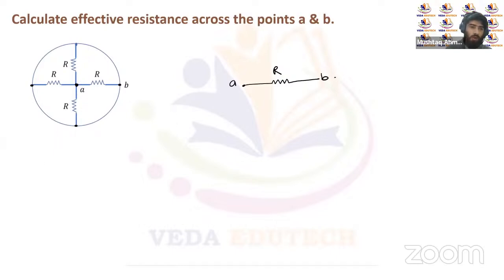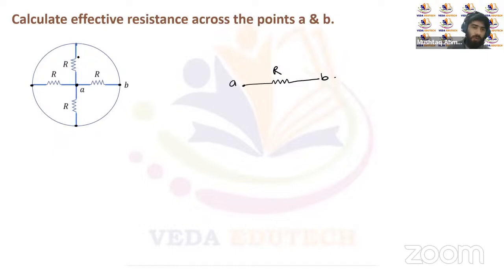We can see that all the four resistances have a common point here, right? That's this point. This is the common point for all the resistors, right? So for all the resistors here, the potential at this point will be the same. This end of all the resistors will be at the same potential because they are connected at the common point, that's the center of the circle. But you can also see that the other end of the resistors is connected to the circumference of the circle.